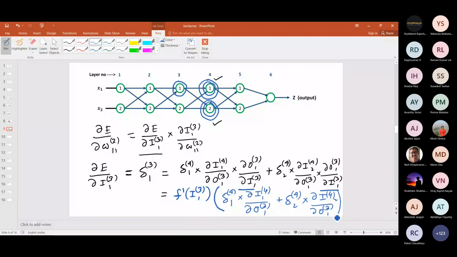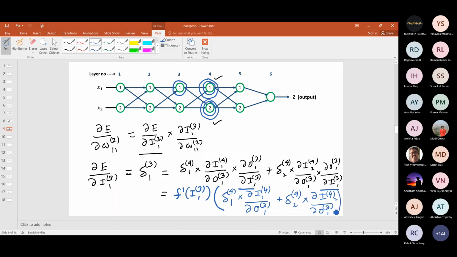So this is what it looks like if I simplify the whole thing. Now we can simplify this whole expression even further, and then finally we come up with a very simple formula actually.